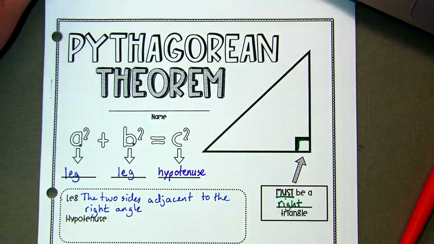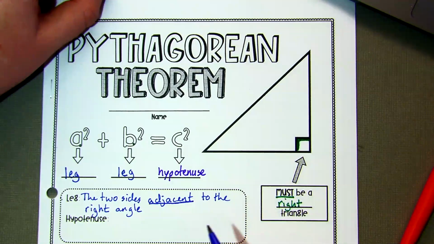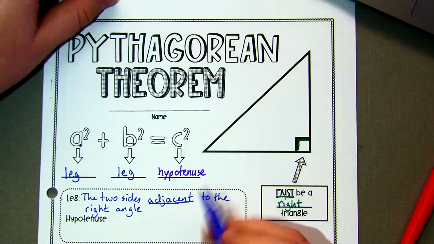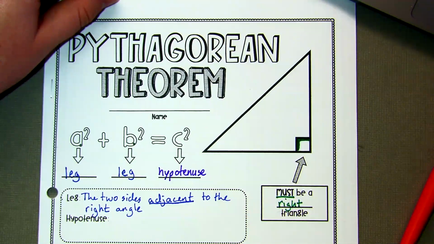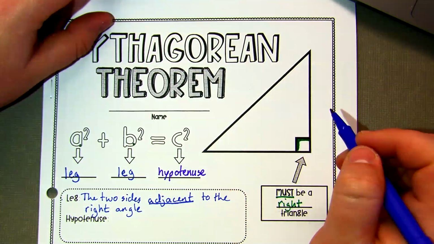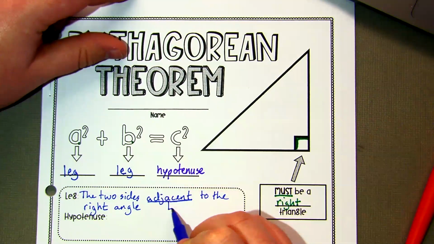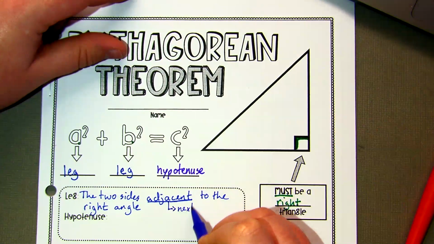Does anyone remember what the word adjacent means? Very nice, Valerie. The word we're looking for here is next to. Yeah, and I see it from you too, Antonio. Perfect. So adjacent means next to.